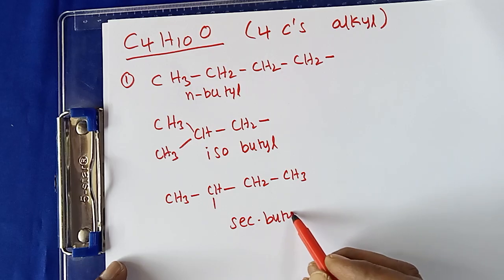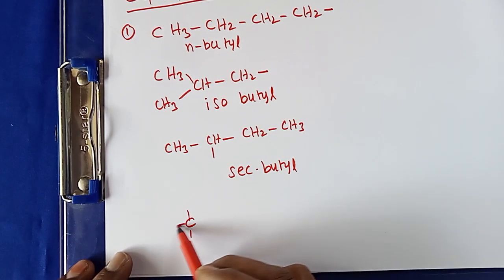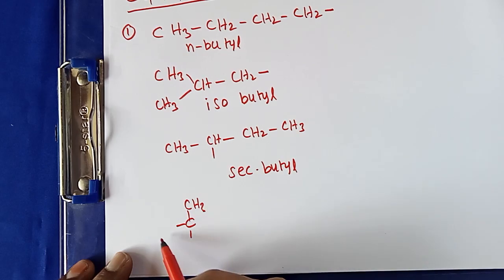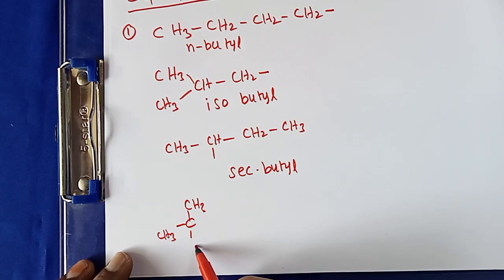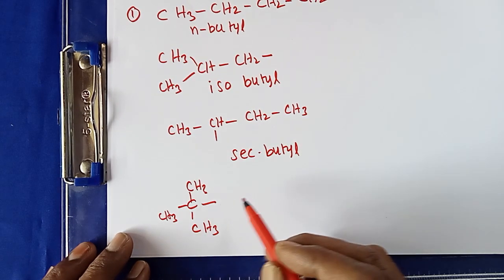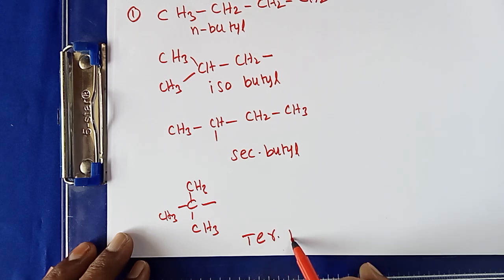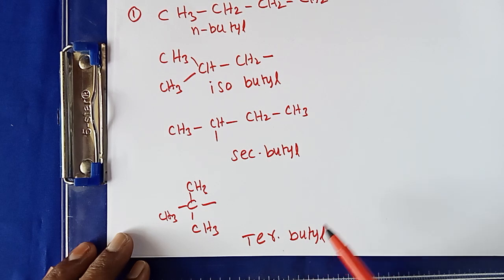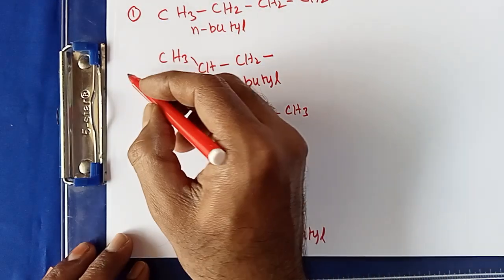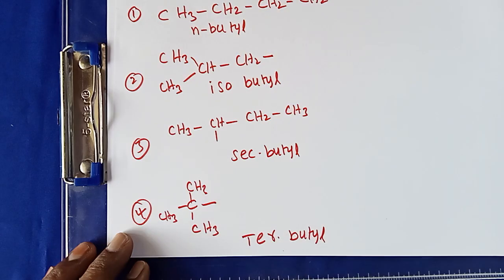Secondary butyl. Next, tertiary butyl, the fourth one, CH3, again CH3, here also CH3, then the group is tertiary butyl. So 4 alkyl groups: 1, 2, 3, 4.